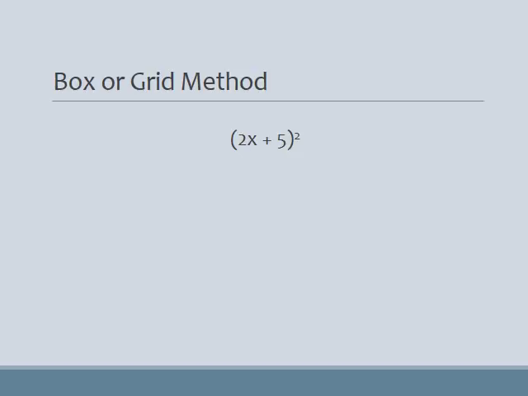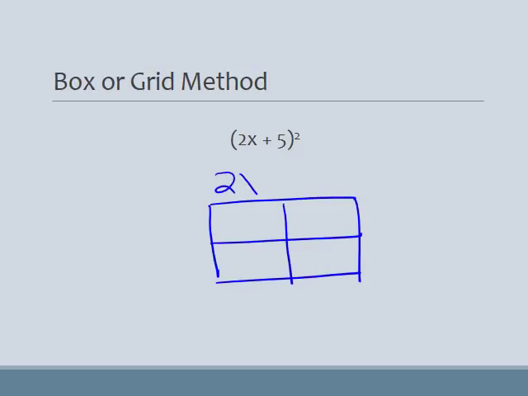Here's that tricky (2x + 5) squared again. And I say it's tricky because even my geometry kids screw that up. They think they know everything, but they screw it up. So remember, this is (2x + 5) times (2x + 5). In my first square right here, 2x times 2x is 4x squared.